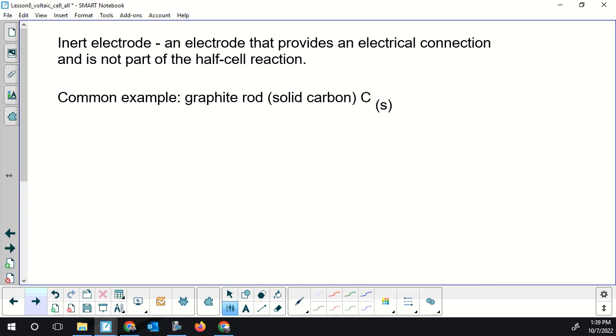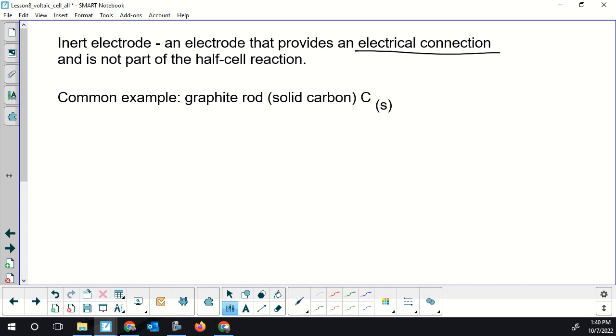It's an electrode that provides the electrical connection, the solid that we can put a wire to, because we need a metal aqueous interface for the chemistry to occur at. But it's inert. It's not an OA, it's not an RA, it's not gaining or losing electrons, it's just a conductive medium.